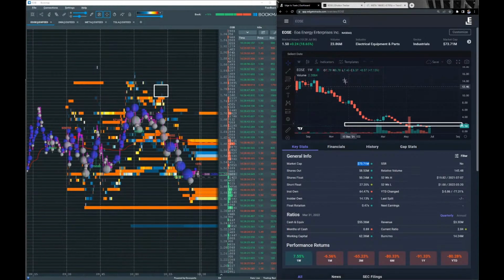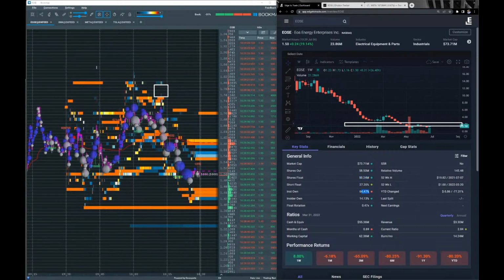So I'm using over here, first of all, the stats with JTrader. We have a float of around 50 million. Okay, so it's still a small float, but not those micro floats or nano floats that we often see in small cap land. And they have a pretty high institutional ownership. Okay, big red flag. What can you tell me about the institutional ownership over here?